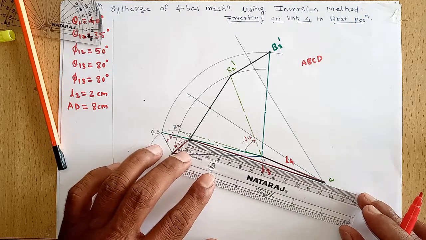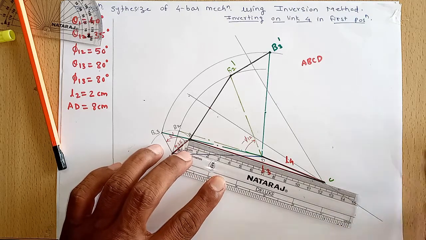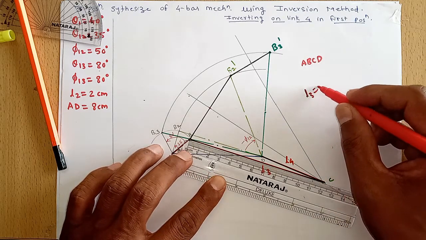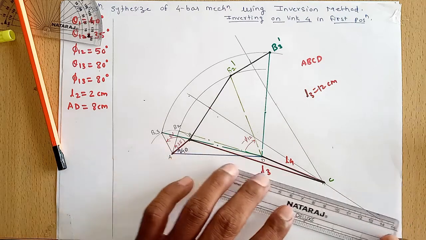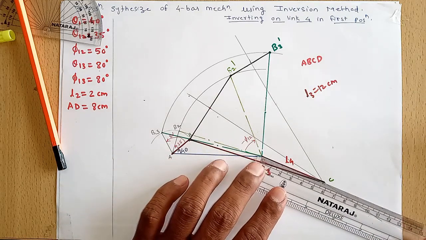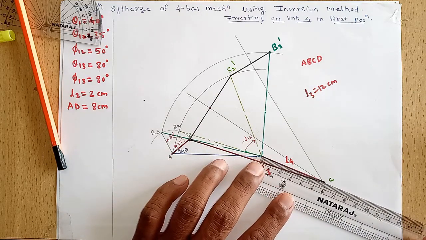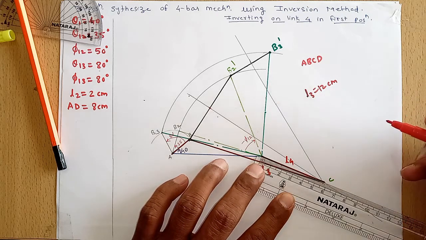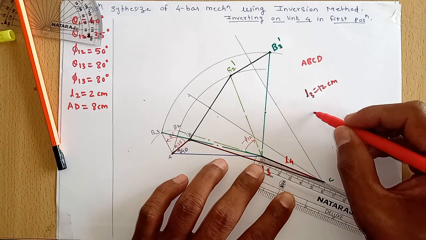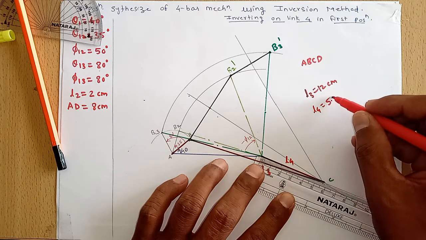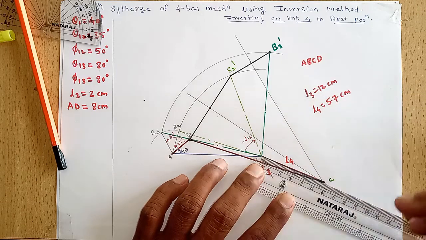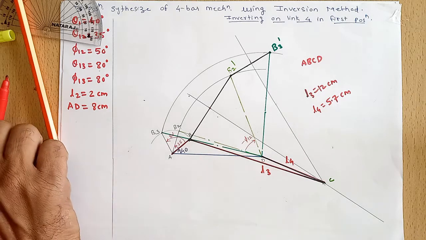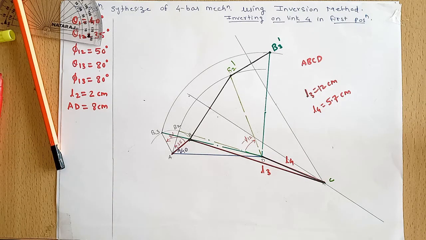We'll measure the length of the coupler link L3, it is 12 centimeters, and the length of the output link L4 is 5.7 centimeters. Hence we have determined the dimensions of the coupler link and output link from the given 3 positions of input and output links using the inversion method.